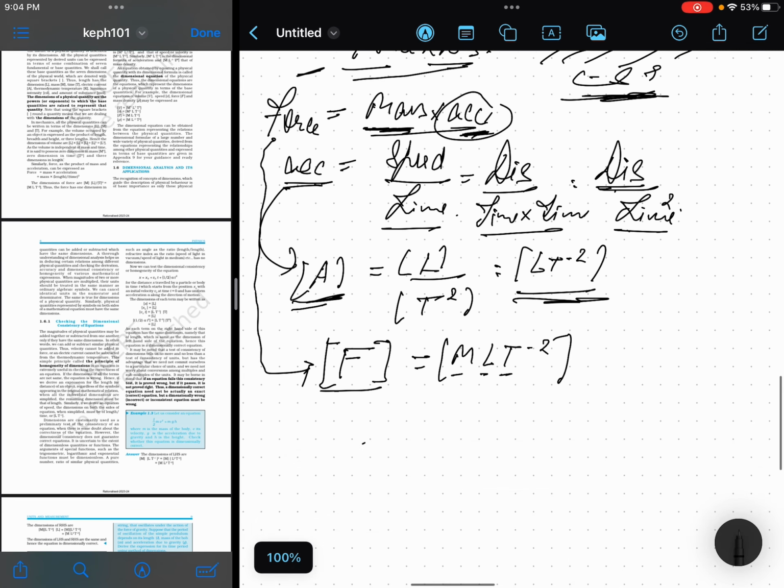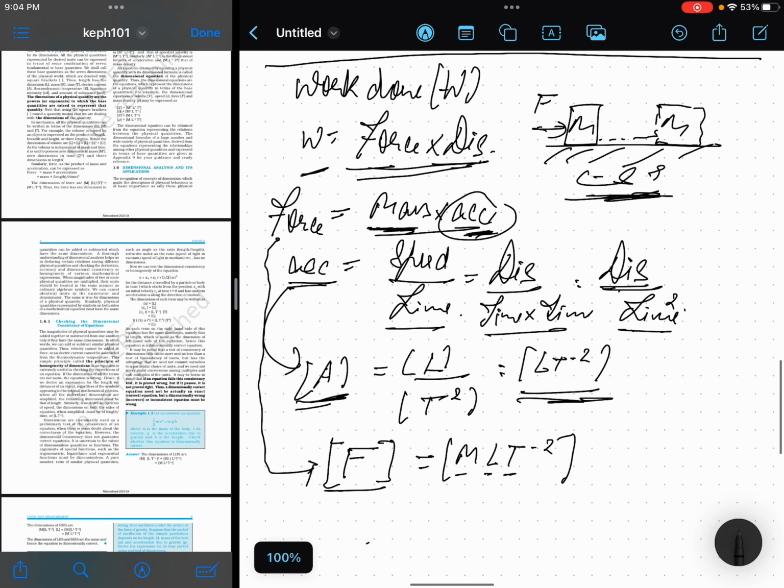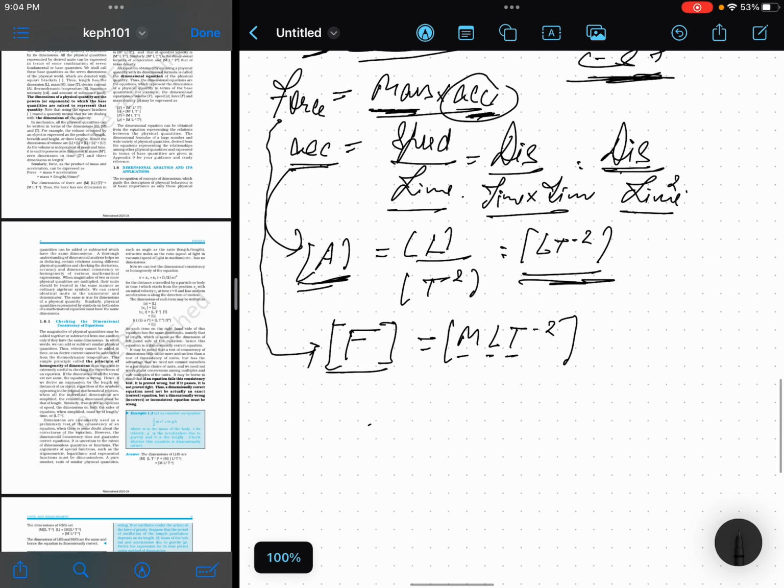The formula for work done is actually the force into distance, not force into acceleration. So the formula of work done is basically the force into distance, which we are representing as L as the dimension formula. So the dimension formula of force is actually, we have found, MLT minus 2.